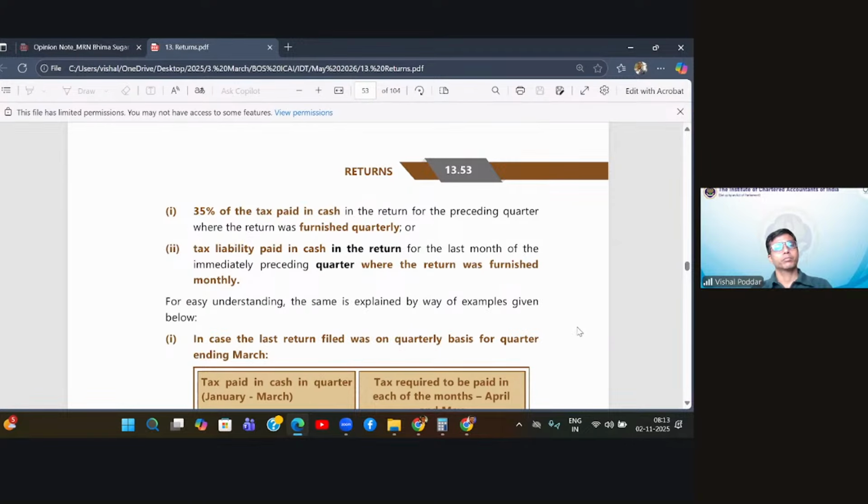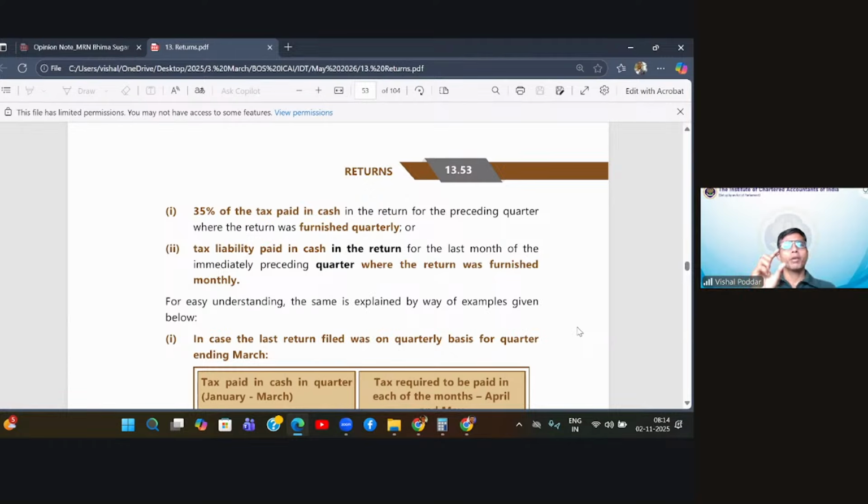35% of the tax paid in cash in the return for the preceding quarter where the return was furnished quarterly, or tax liability paid in cash in the return for the last month of the immediately preceding quarter where the return was furnished monthly. So if you have last period's quarterly return, say I'm in the third quarter, so I have my last quarter's quarterly return.